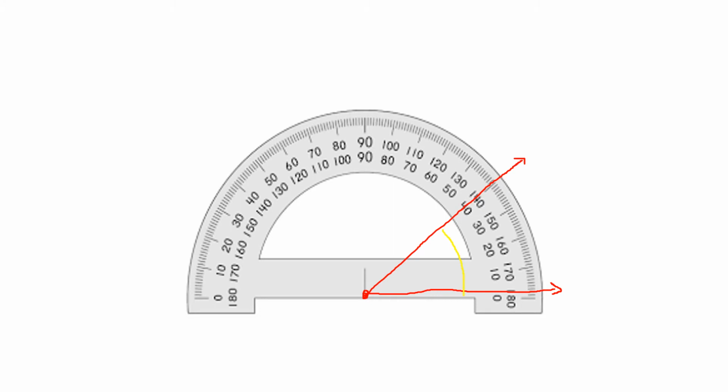I'm going to look for those numbers right here. I'm going to start with 0, then 10, 20, 30, and this angle is approximately 40 degrees. That's the best I could draw it. Sorry for that.